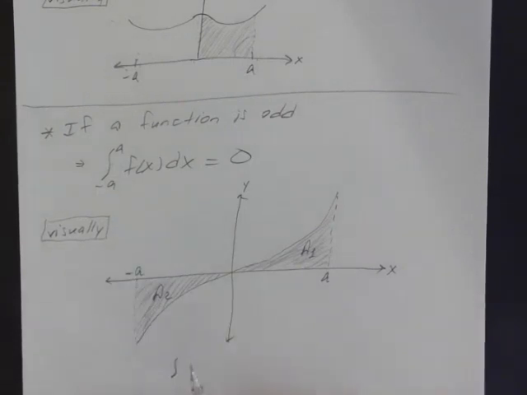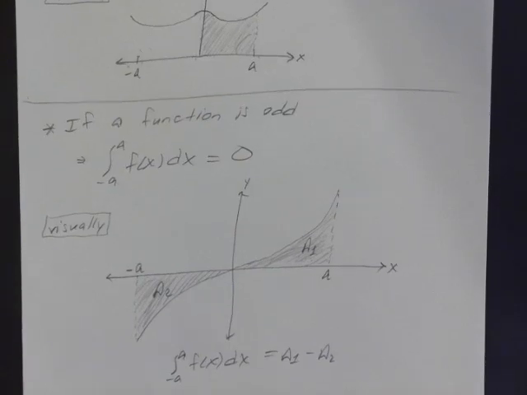So the integral from negative a to a of f of x with respect to x is going to equal area number 1 minus area number 2. And since it's symmetric across the origin, those two areas are equal. So if you subtract them, it's just 0.